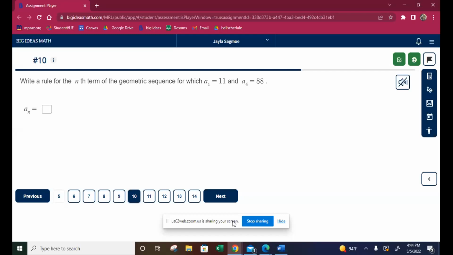All right, this one's not too bad. When they give you the first term, it really helps a lot. So let me grab the formula here. I'll share my screen. There we go.